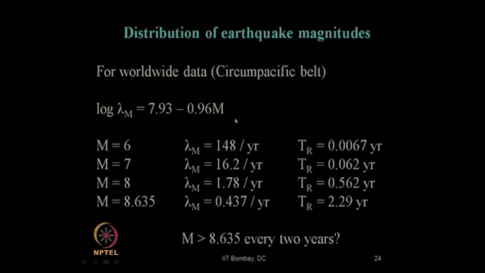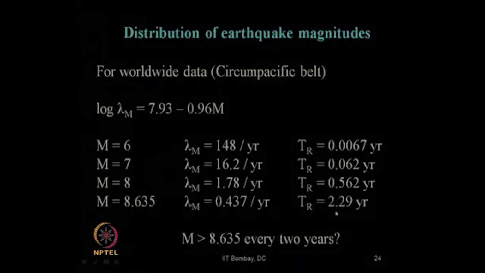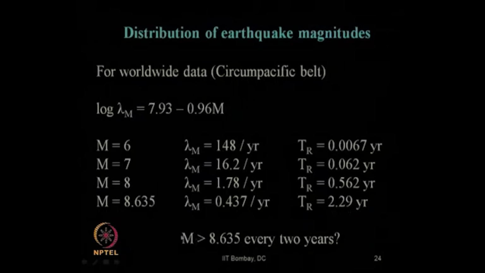Now, suppose we use m equals to 8.635 in this equation, the lambda m value comes to be 0.437 per year, which gives us TR value of 2.29 year. So, what does it mean? It means that magnitude of greater than 8.635 will occur every 2 years.